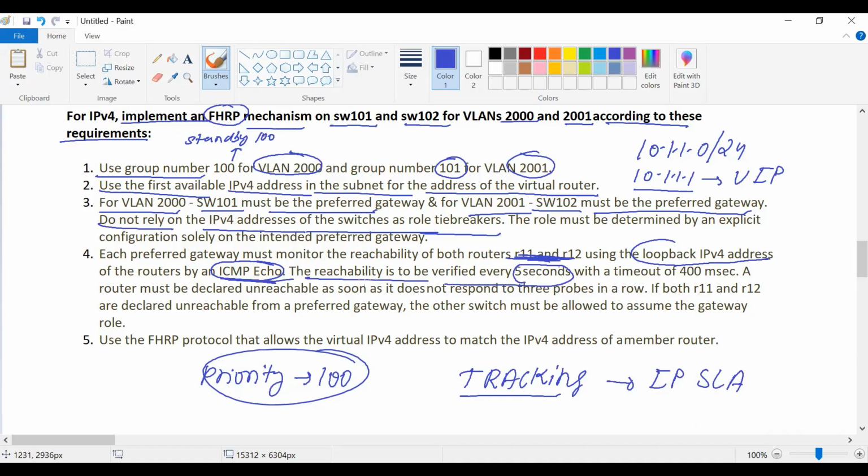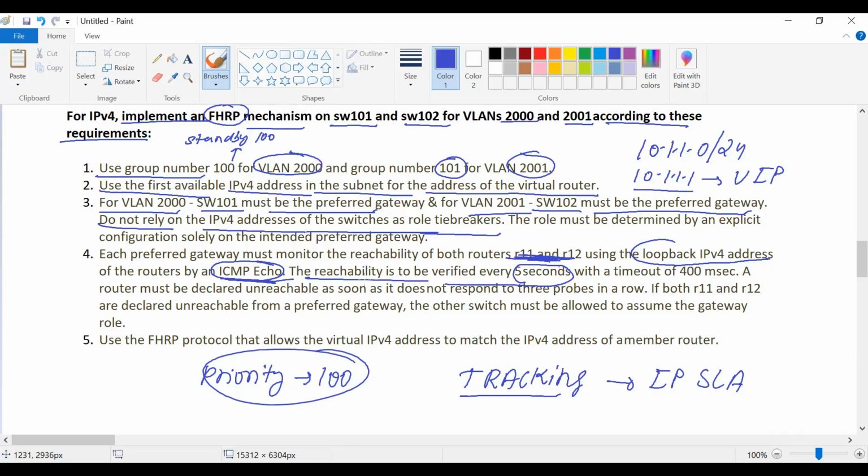Like we are in a session, so you are on mute, right? Every 5 minutes, I'm asking you, are you there? What am I doing? I'm just verifying that you are there, right? This is how you have to verify R11 and R12 reachability every 5 seconds by sending an ICMP message.